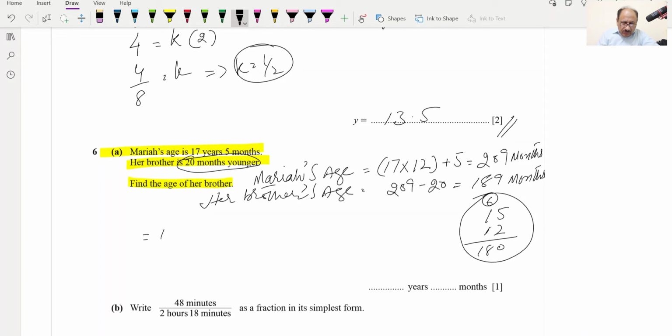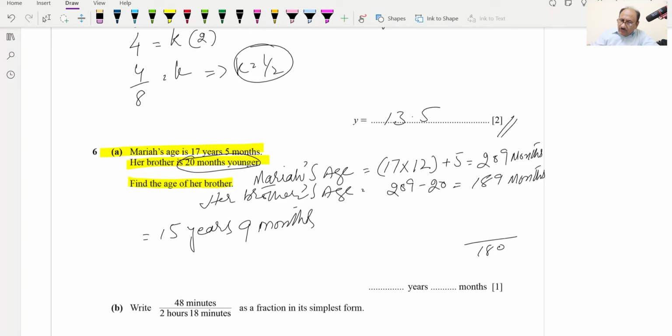So age will be 15 years and 9 months. 9 months. So this were rough work we can do. So this will be our final answer. It will be 15 years and 9 months.